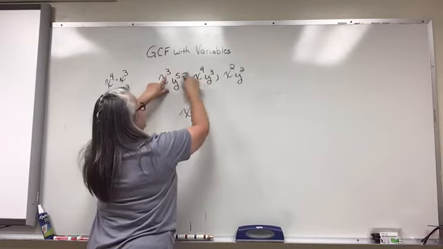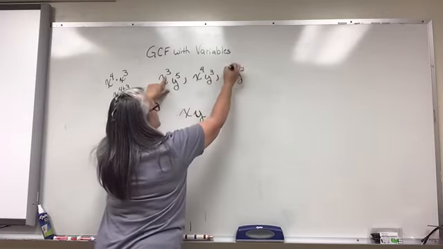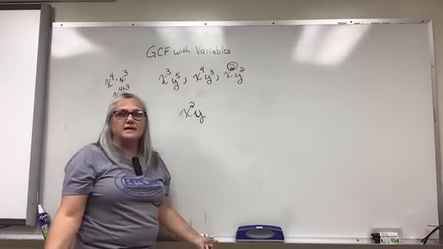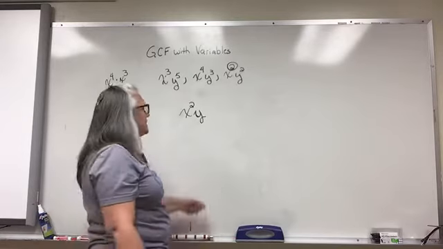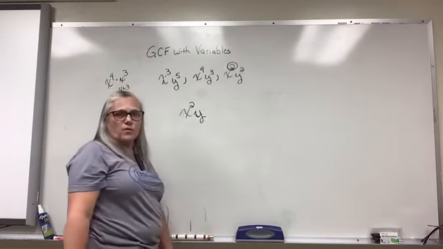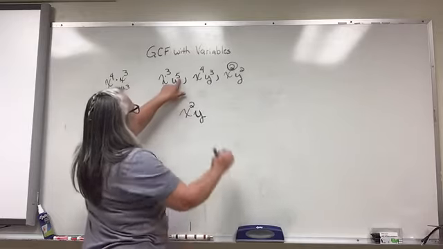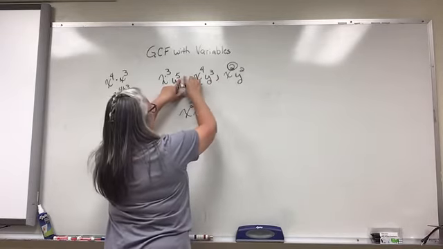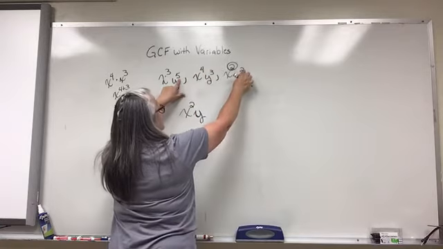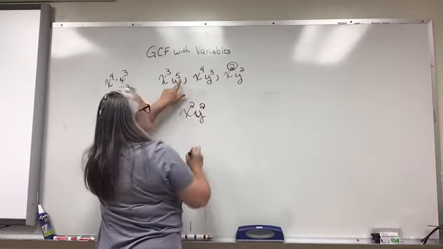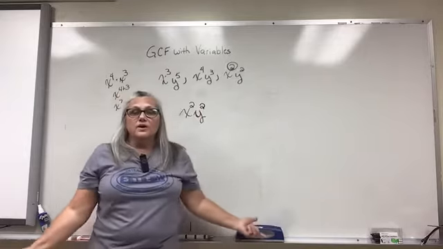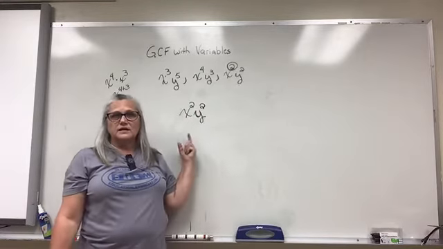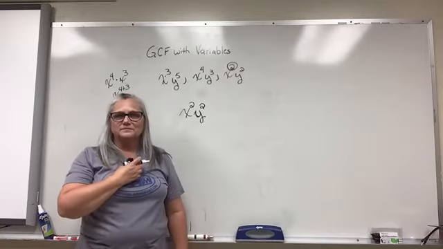My least number between 3, 4, and 2 is 2, so my exponent on my x is going to be 2. I do the exact same thing for y. So I have a 5, a 3, and a 2. So my least common exponent on all of those is going to be a 2. So my greatest common factor between all of those things is x squared, y squared.